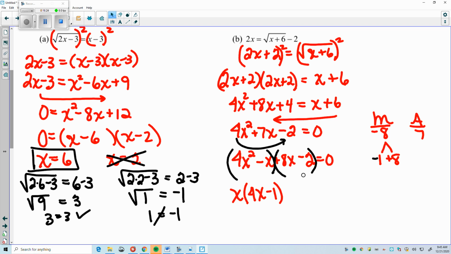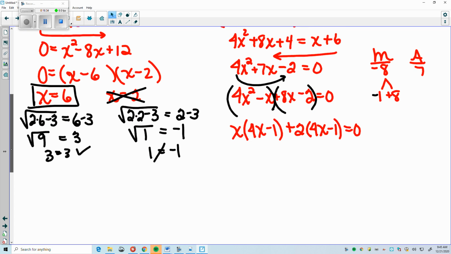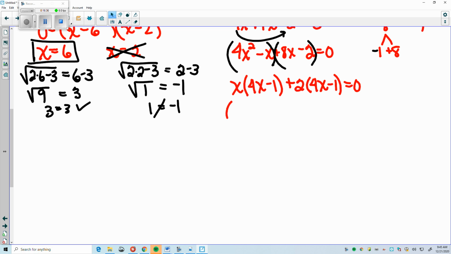Over here, I could factor out a positive 2, and again, that's going to leave me with 4x minus 1. Okay, so the factors that we have, I have one factor of x plus 2, I have one factor of 4x minus 1, and now we can solve, and we can see here x would equal negative 2, and x would equal 1/4.